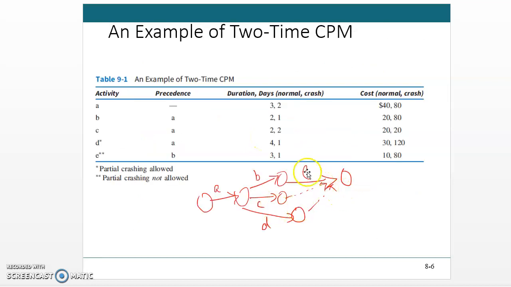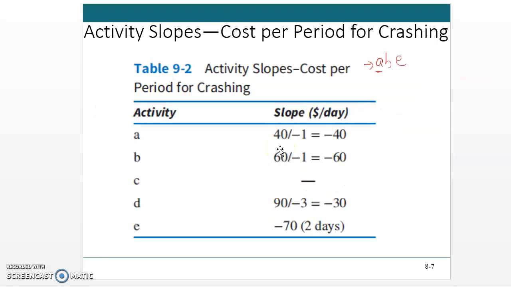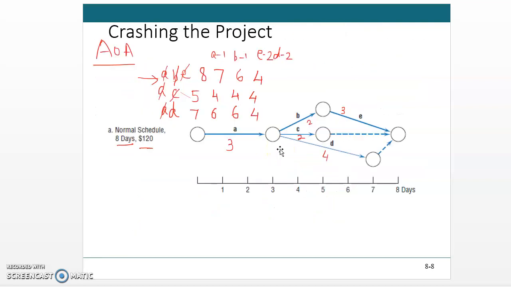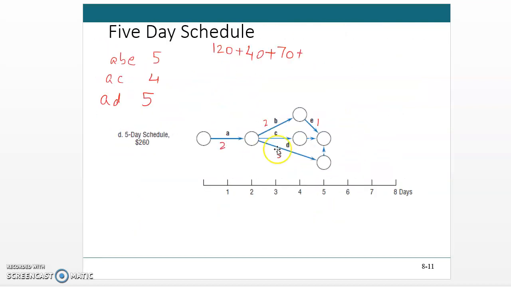Yes, D was from 4 to 3, so that is $30 only. So this $260 will be the cost. Okay, so this is how you can achieve a 5-day schedule.